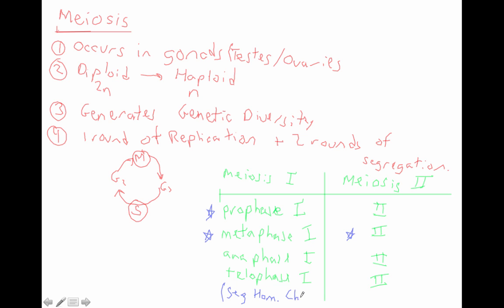I'm going to abbreviate this just because of my space constraints here. So it segregates homologous chromosomes. Meiosis II does something a little different. It segregates sister chromatids.